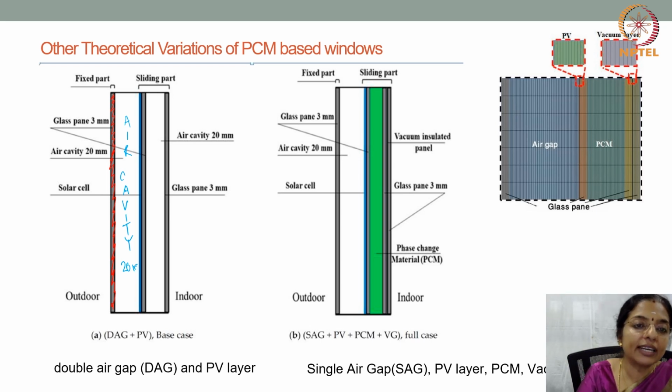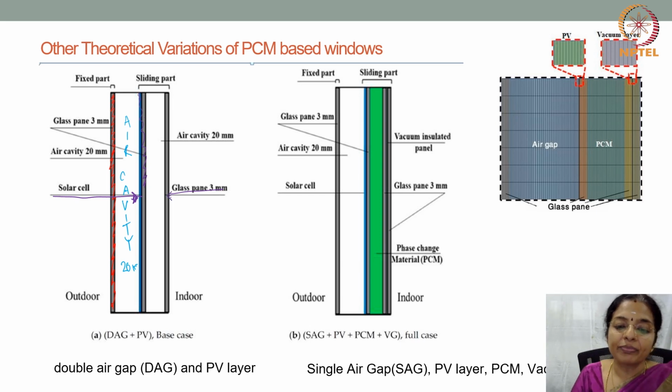So this next glazing has a solar film to it, and then again you can have this glazing here, and you can have an air cavity again here, or a PCM, or it can only be an air cavity, and then you can have the glass pane. Then you can have a single air gap, which is this. You have an air gap here.